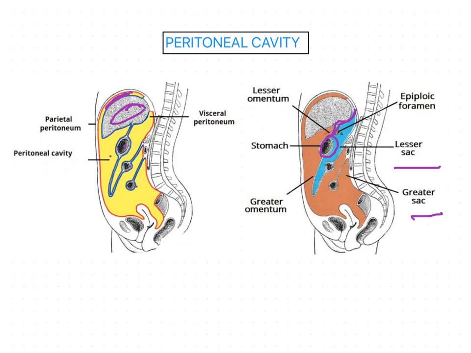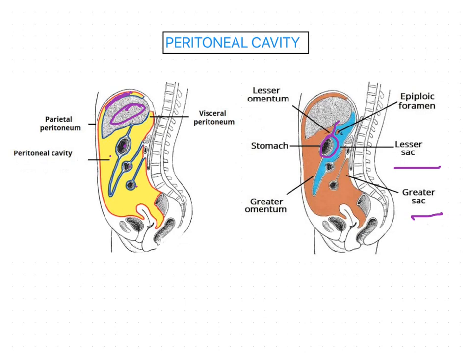These two sacs, the greater sac as well as the lesser sac, are communicated by a foramen. The greater sac is also present on the anterior aspect and inferior, and some posterior part includes the greater sac.